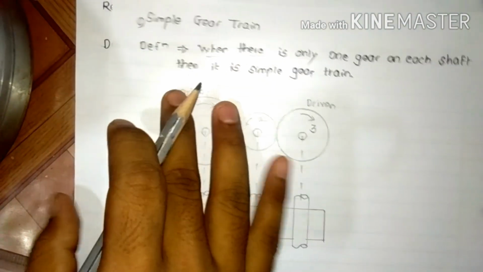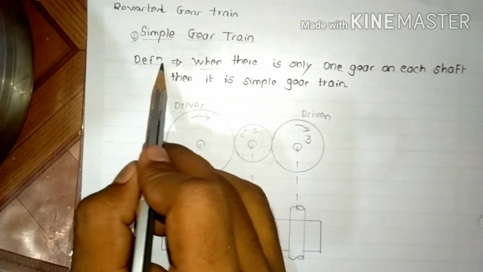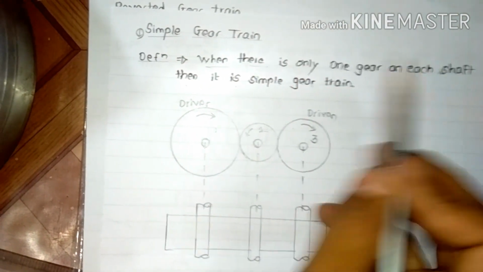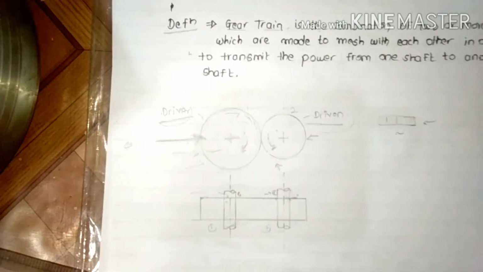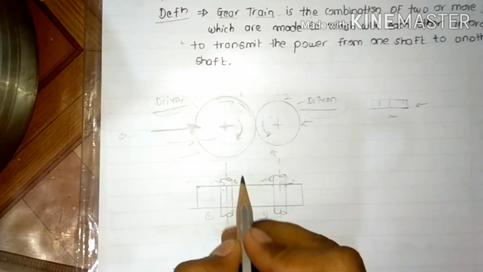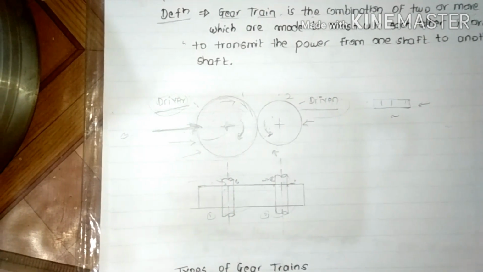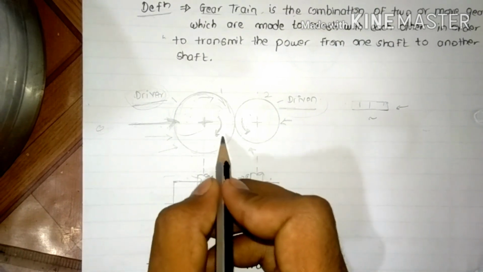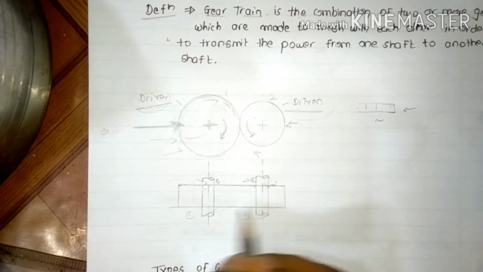Here we have the first and basic type of gear train, known as the simple gear train. The definition of a simple gear train is: when there is only one gear on each shaft, then it is a simple gear train. If you refer to the previous figure, the gears are mounted on each shaft, that is, there is only one gear on each shaft.